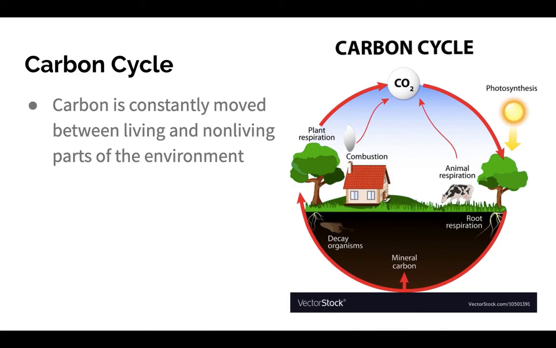The cells that are broken down and those carbon molecules that are released back into that fossil fuel, those carbon atoms don't get destroyed, they just get locked away in that fossil fuel and then are released once we burn them or use them as fuel.